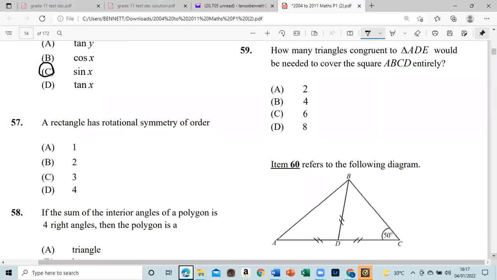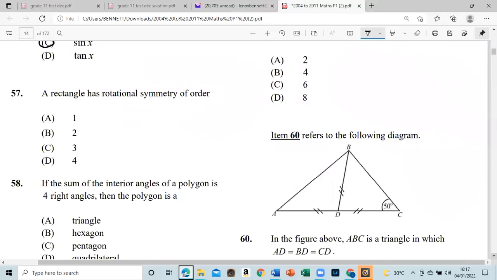The 7, a rectangle has a rotational symmetry of order of... Alright, so this is a rectangle.